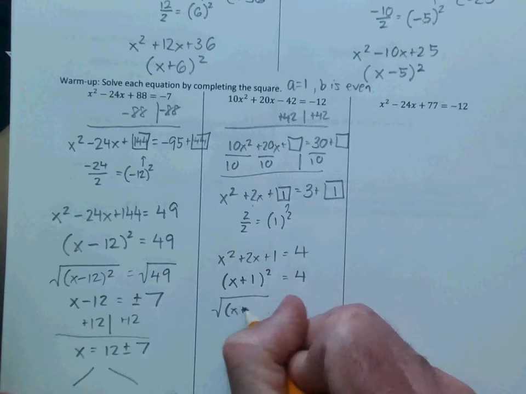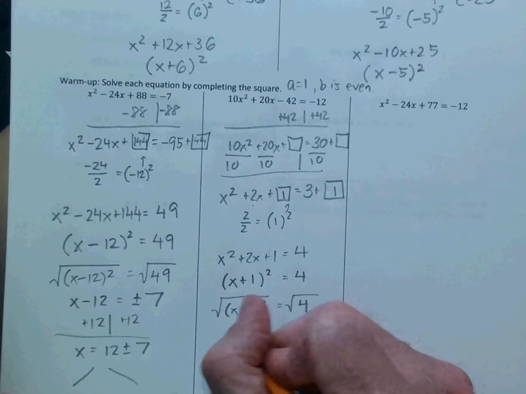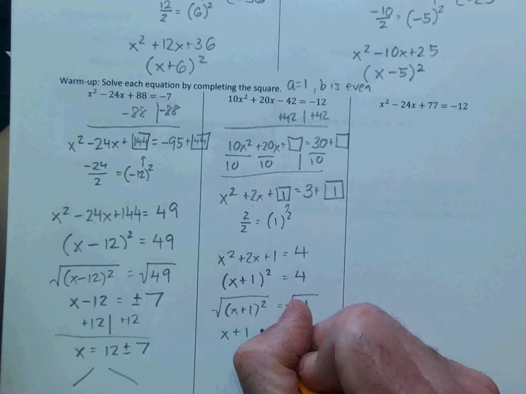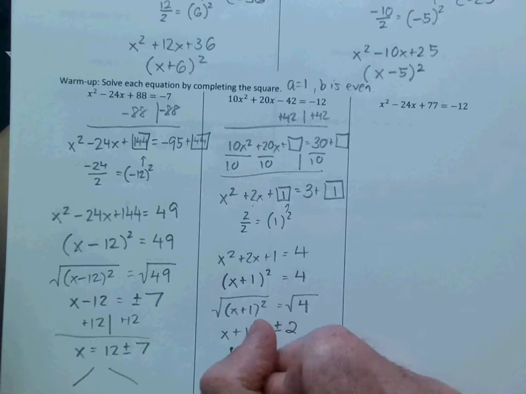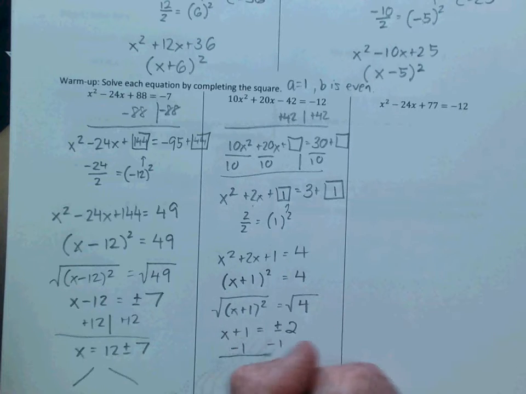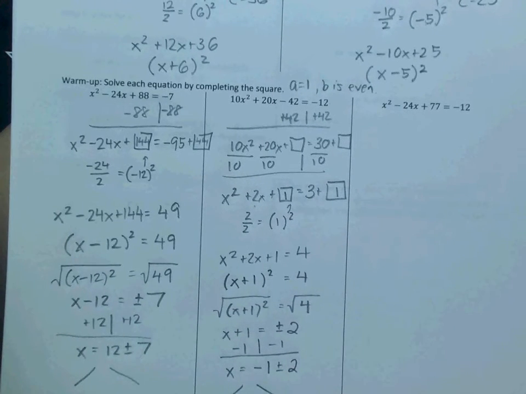Square root of x plus 1 quantity squared is equal to the square root of 4. X plus 1 is equal to plus or minus 2. And then I'm going to subtract 1 from both sides and get x is equal to negative 1 plus or minus 2. There are two solutions here, so I'm going to consider the two solutions. X is equal to negative 1 minus 2, or x is equal to negative 1 plus 2.